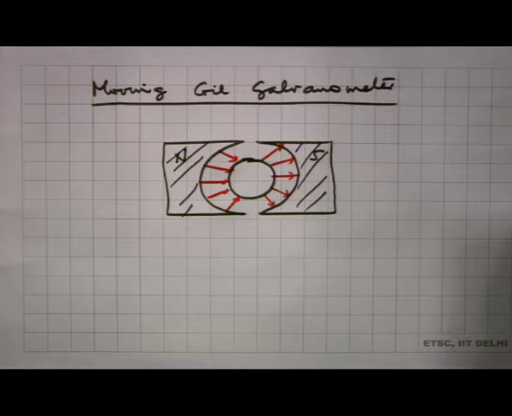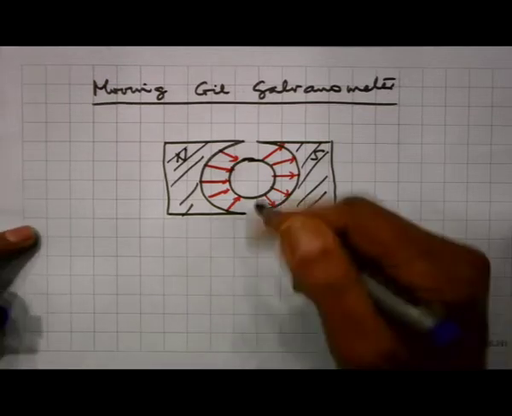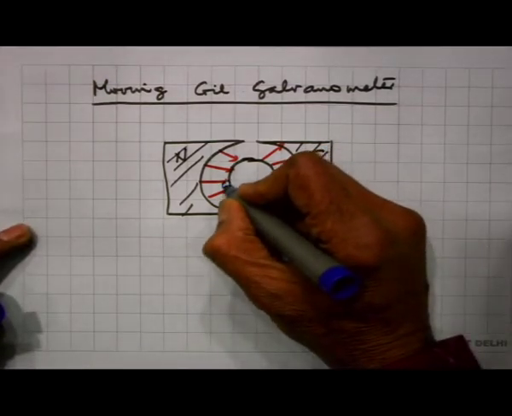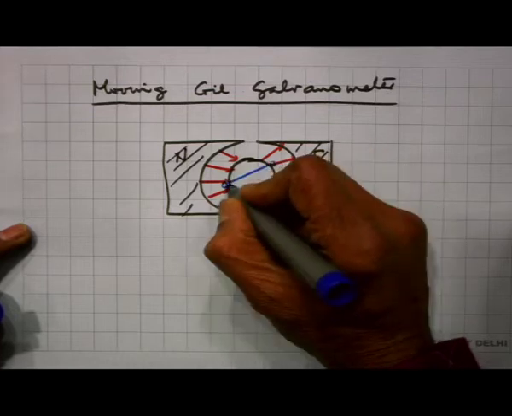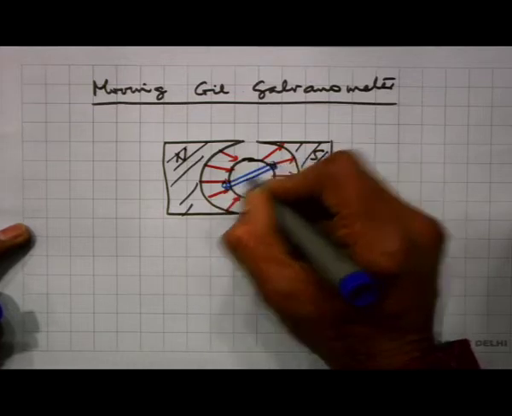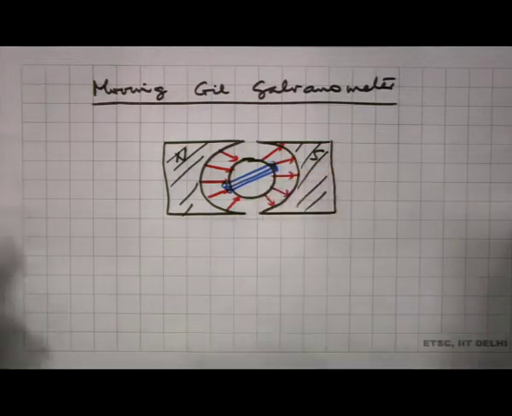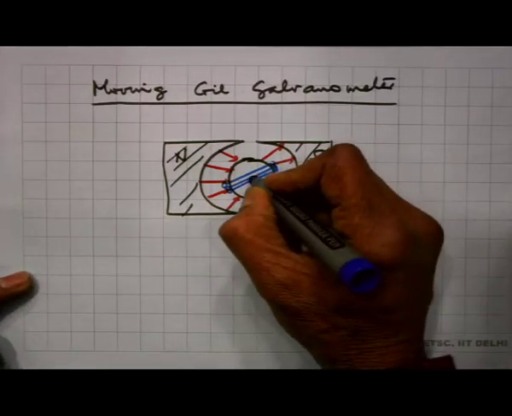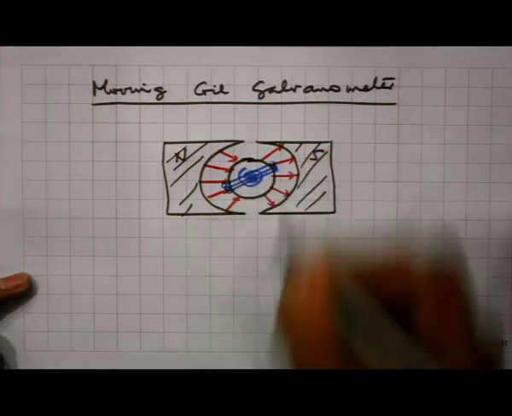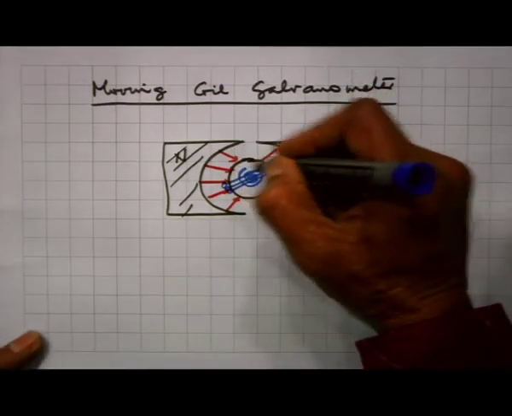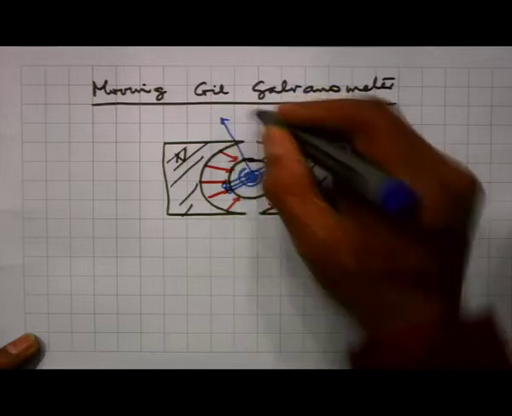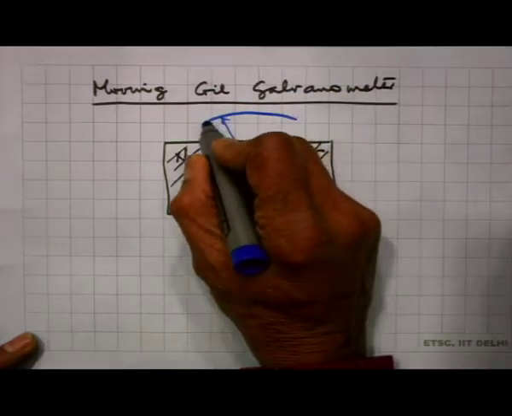Now, I have a coil placed in this. So, there is a coil running like this which has a number of turns, which is carrying the current, and the coil is attached to a spring, and there is a pointer. So, there are divisions here.